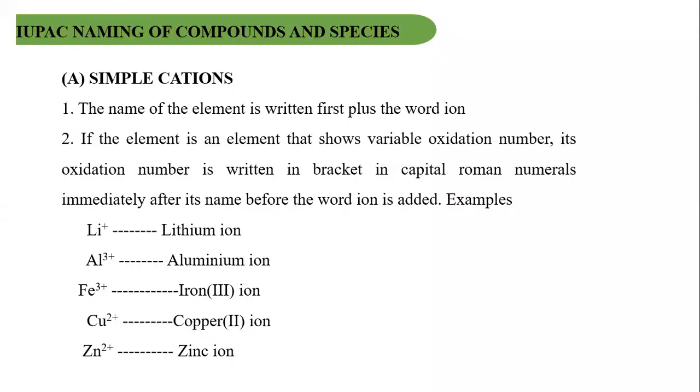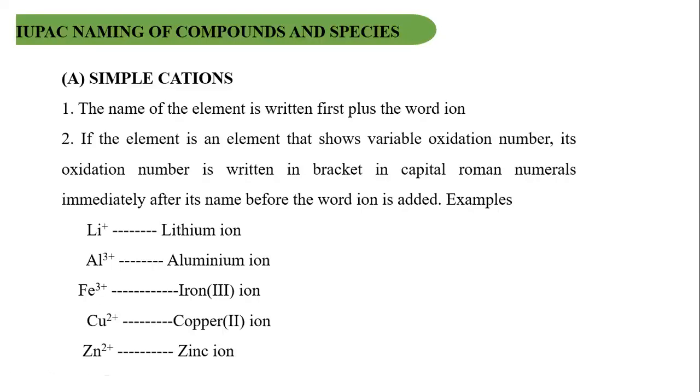In fact, aluminium has a fixed oxidation state of +3. Aluminium is always +3. It doesn't change to +1 or +2 anywhere. So there is no need putting the +3 in brackets in capital Roman numerals. So those books that have indicated that are all wrong. It's just aluminum chloride, not aluminum(III) chloride. But we'll get there.